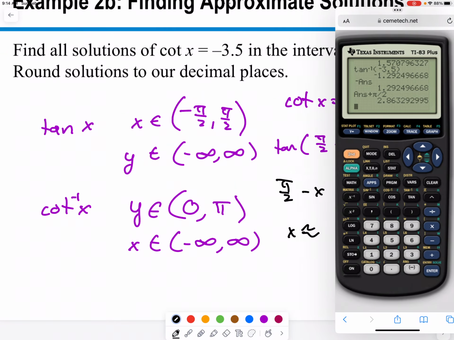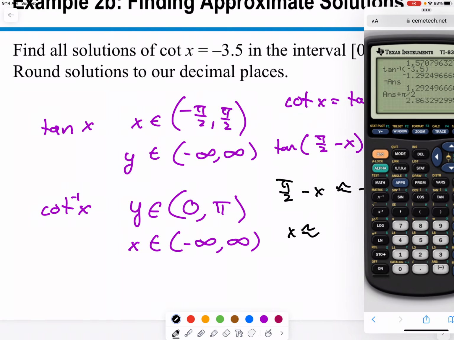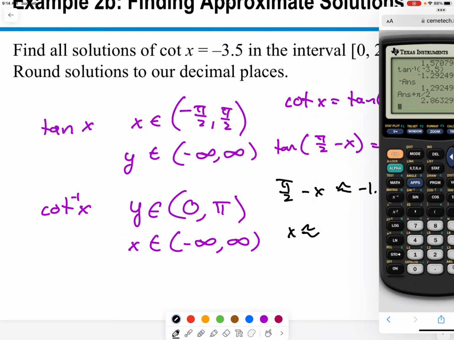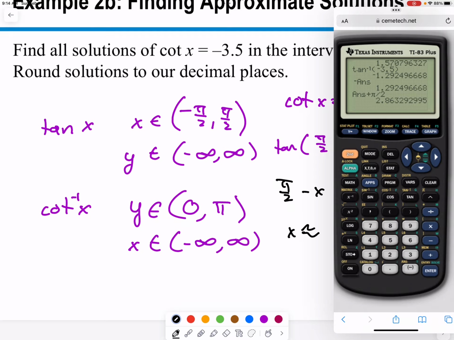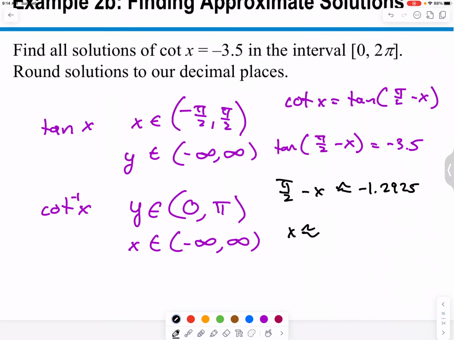Okay, we're going to check this. 8633. Okay. And again, we should tack on plus n pi radians. So let's just do that real quick. Plus n pi radians. Okay.